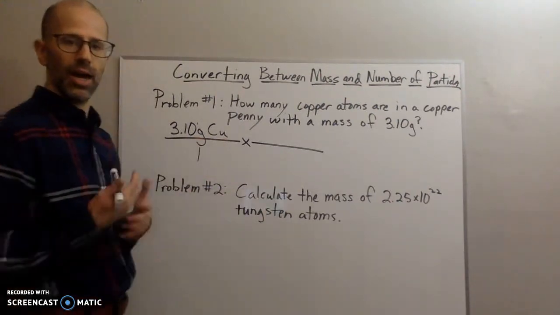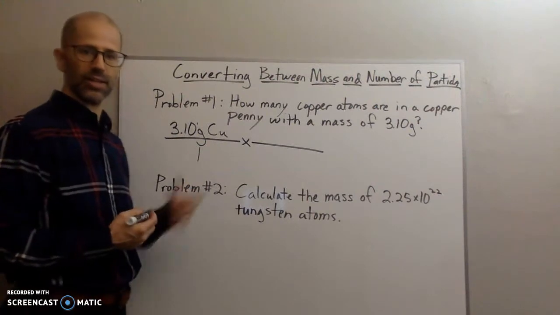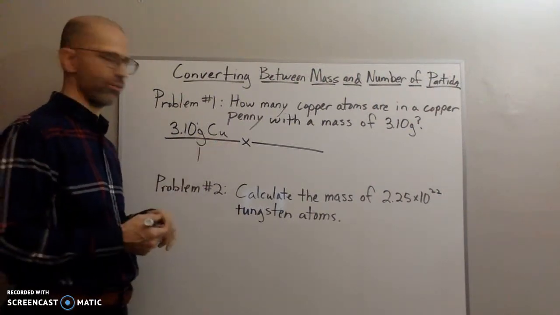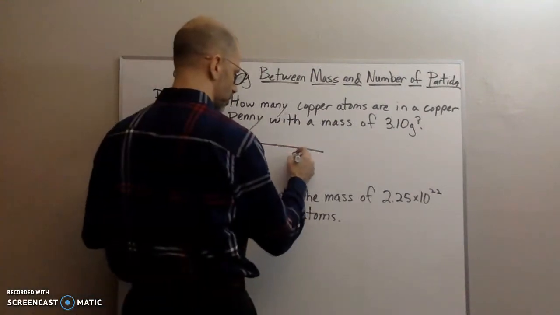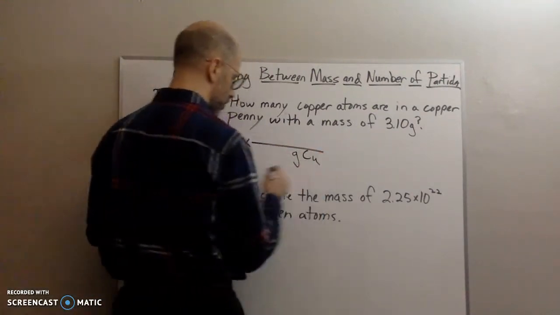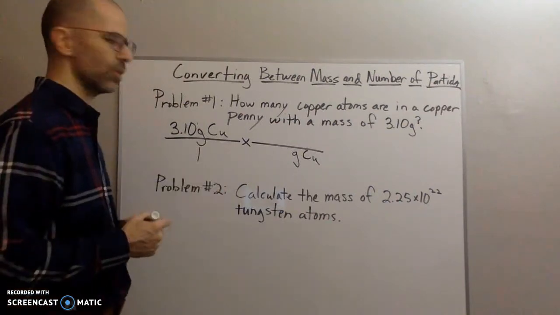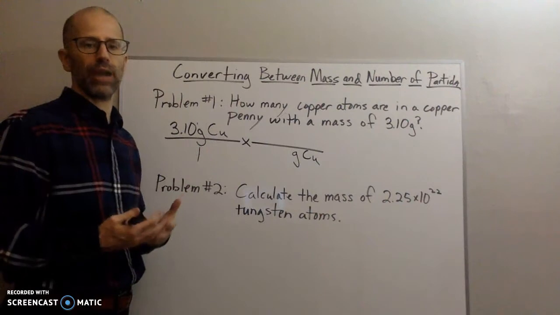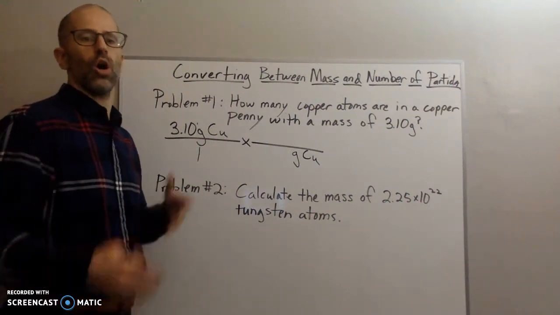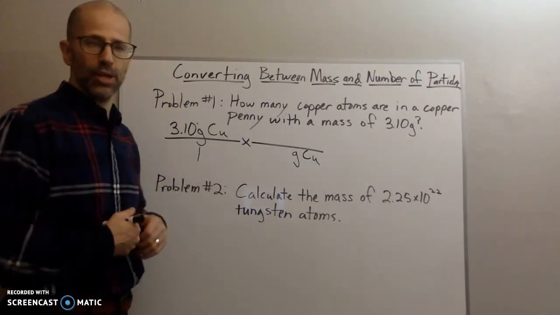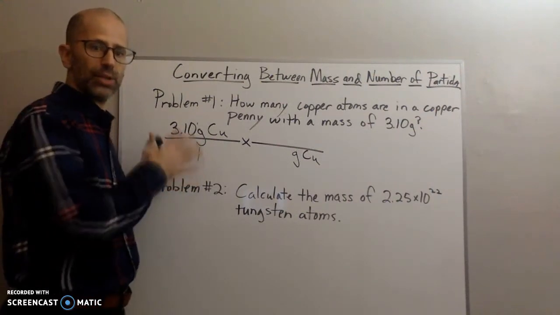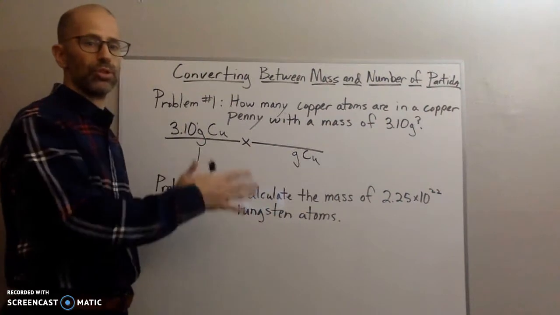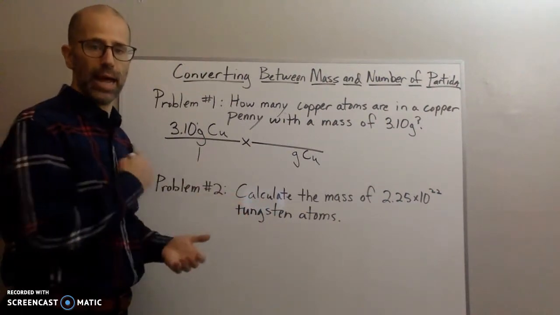That is non-negotiable because we need to start somewhere. Since we have grams, we need to get rid of grams, so we're going to put grams of copper on the bottom. Now we need a conversion factor that is related to grams. We know about molar mass, which relates a certain number of grams to a mole. So we can convert from grams to moles using molar mass.